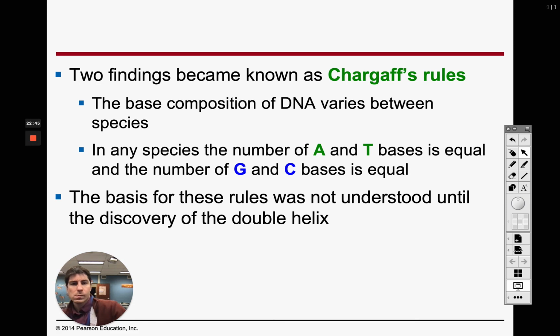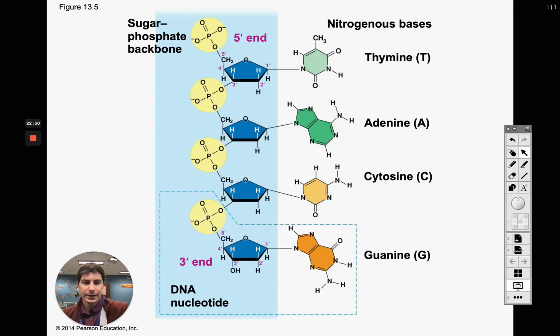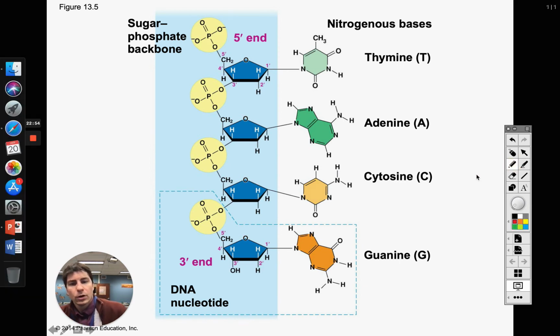I got an easy way kind of for you to remember that A and G are together. So what Chargaff thought, actually I'm going to come back to this one, guys. Let me go back here. Originally, guys, they were like, okay, well, maybe it's A and A that go together, or maybe C and C bond together. We know it's not that anymore, but it's definitely not the same nitrogen base that bonds to another one.